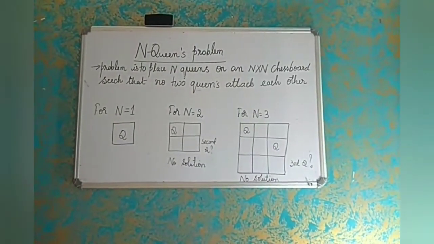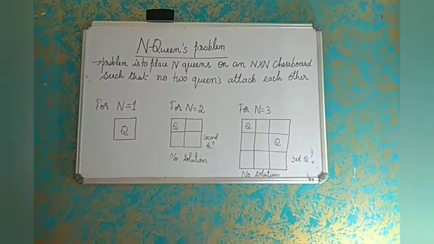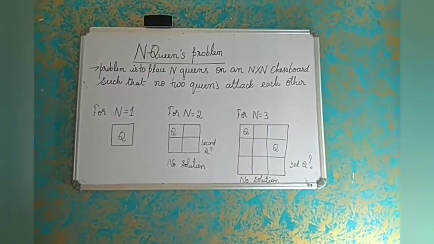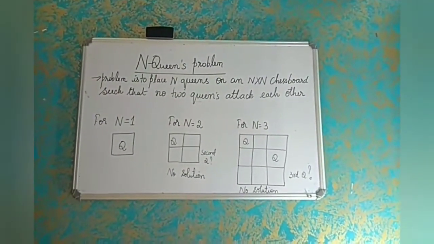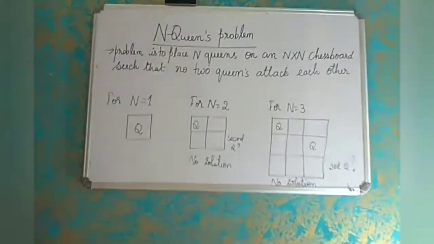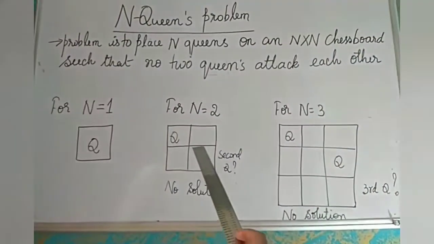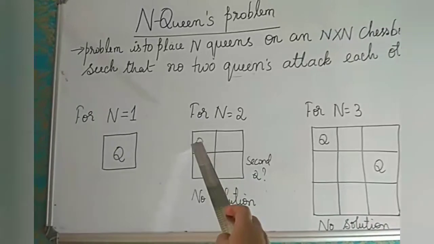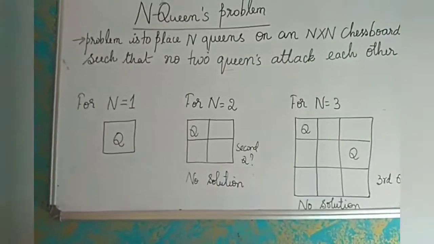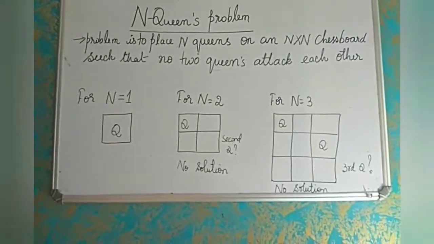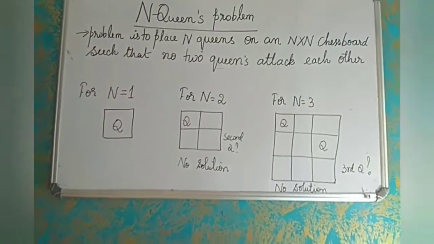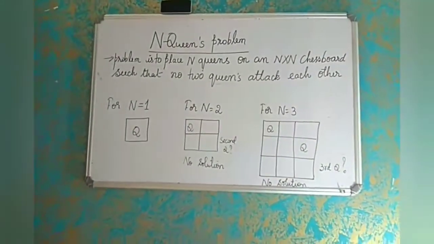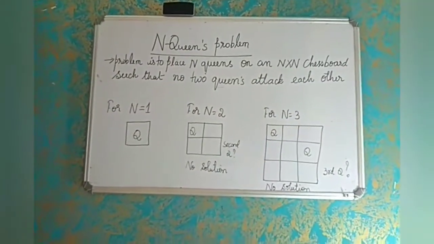Next, when n is equal to 2, it is a problem to place 2 queens on the 2 cross 2 chessboard. There are 4 boxes inside the chessboard and there are 2 queens. You have to place the queens in such a way that the 2 queens don't attack each other. But how do you place them?